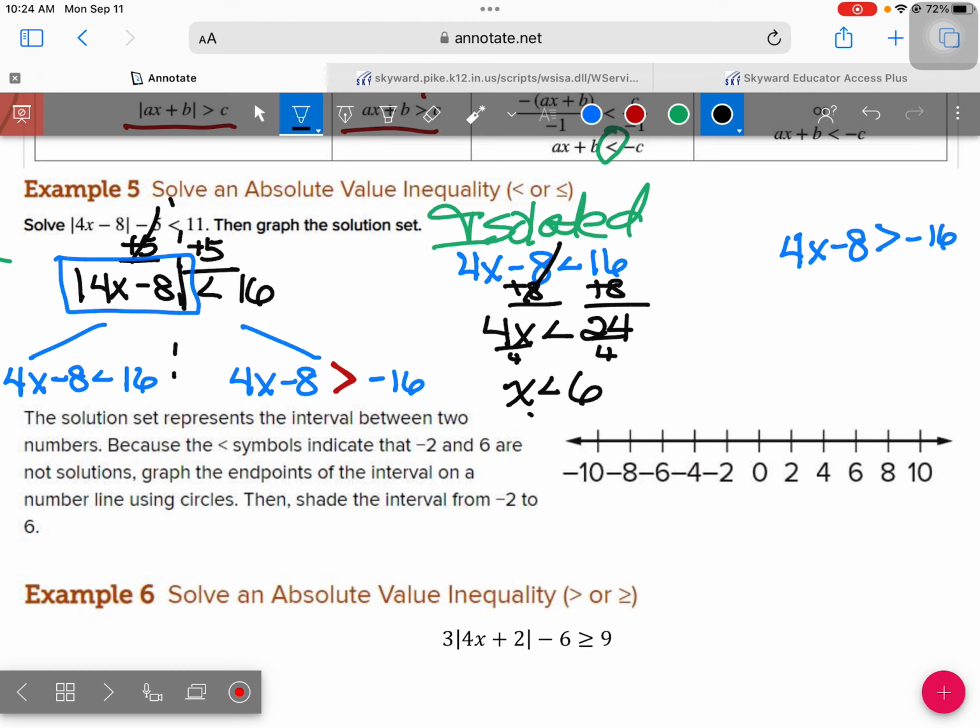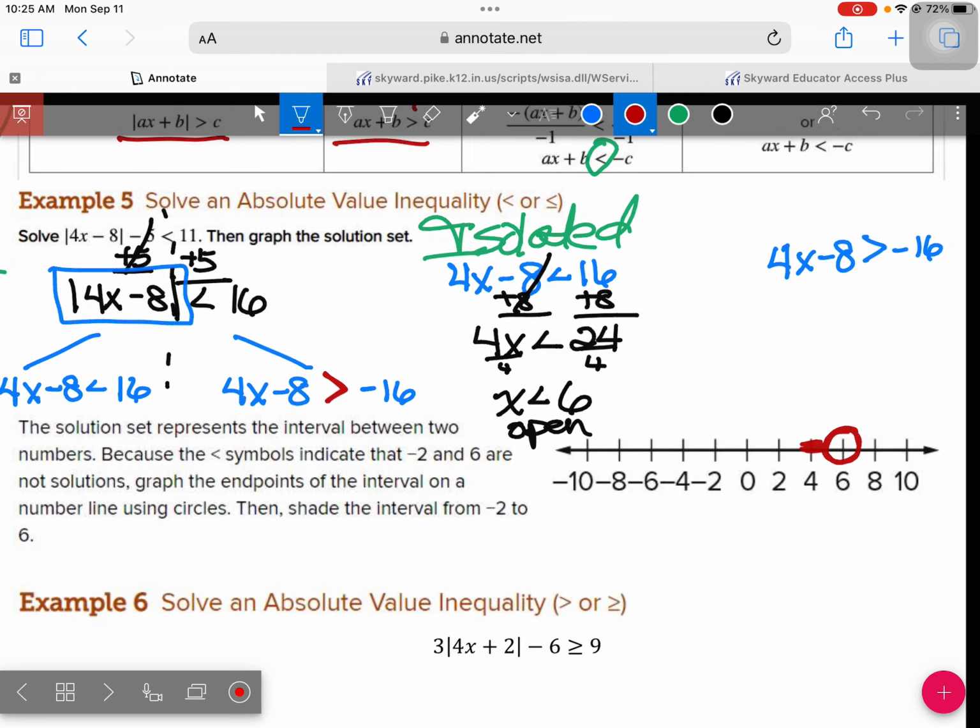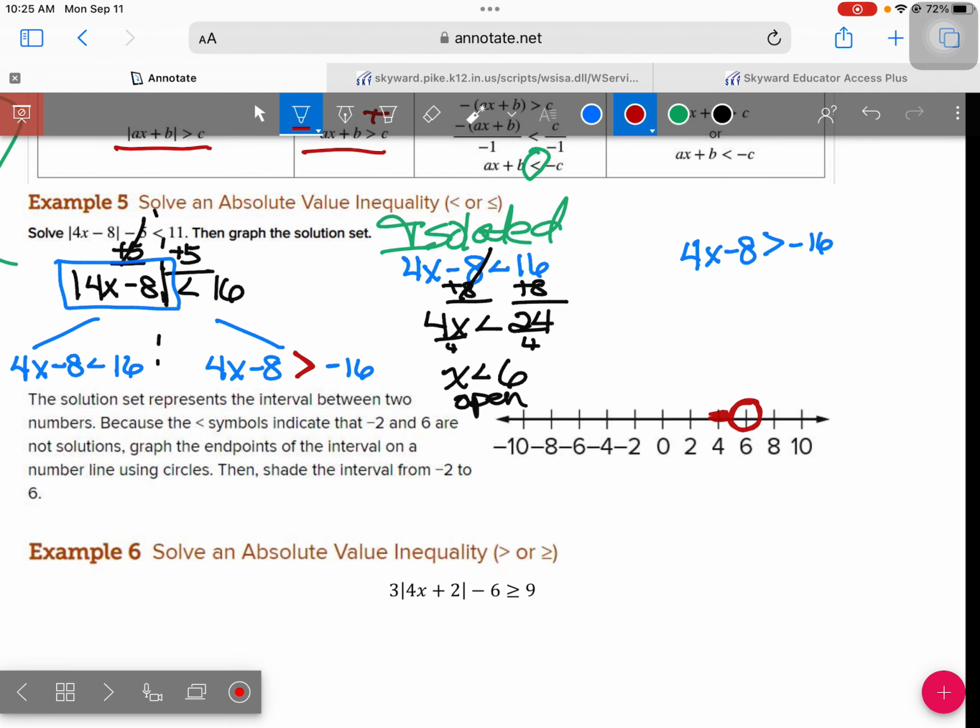X is greater than negative 2. Again, that's going to be an open circle on negative 2. And I want values greater than negative 2. So look, all these values in between negative 2 and 6. Are negative 2 and 6 included?